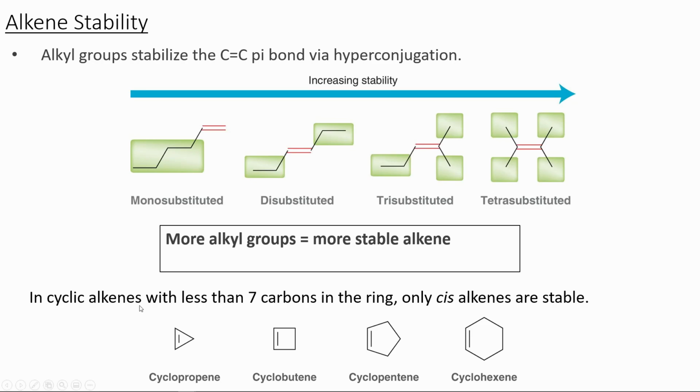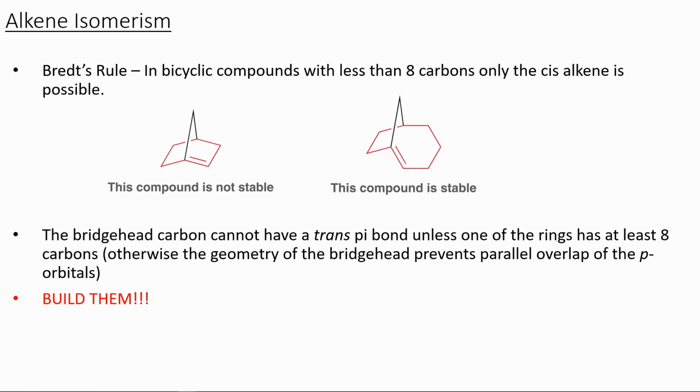In cyclic alkenes, we can only ever have cis alkenes because of the geometry. When we have a bicyclic alkene, if we have less than 8 carbons, then only the cis alkene is possible as well.